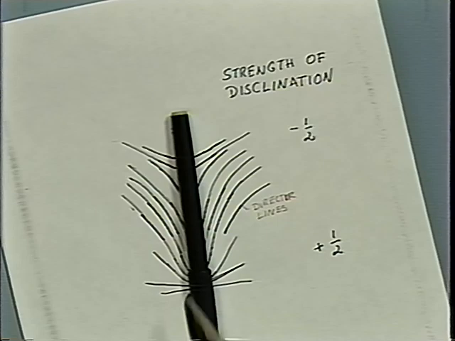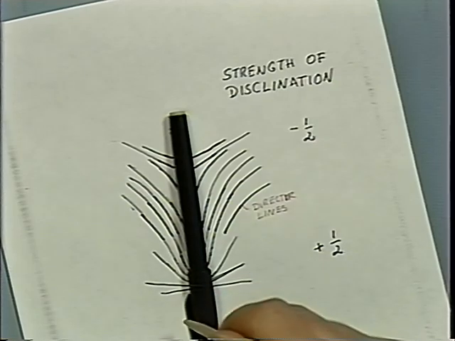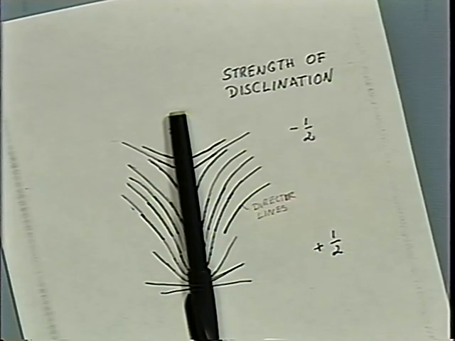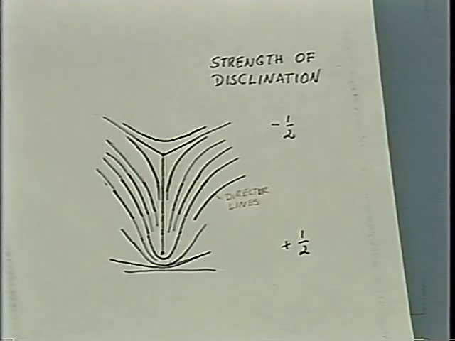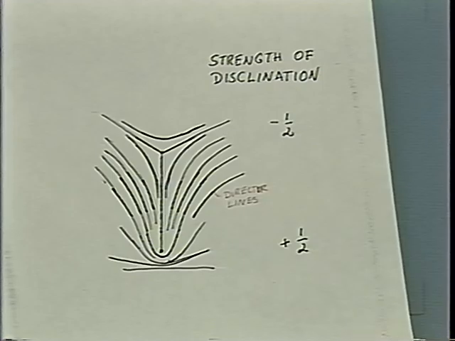You can see that by going clockwise around, this arrow rotated plus 1/2, and it has a disclination strength of 1/2. That's how those are defined. And there are disclinations which have a strength of 1 or 1.5 or higher-order disclinations.